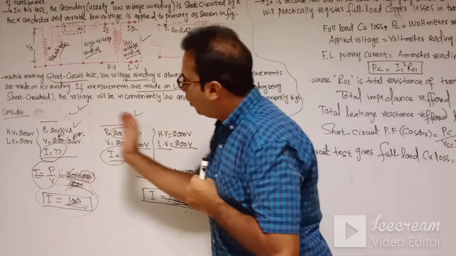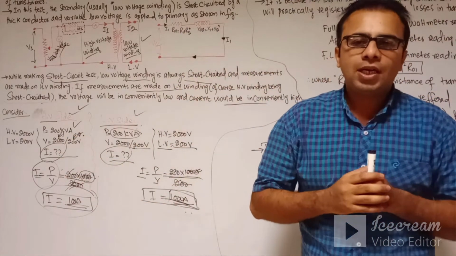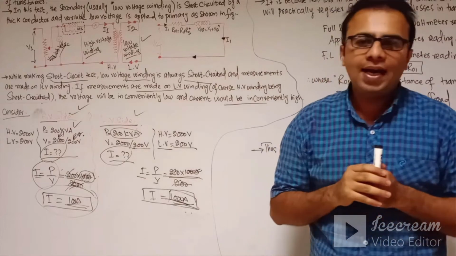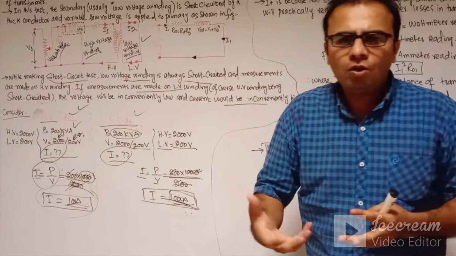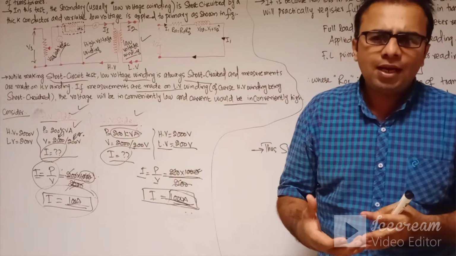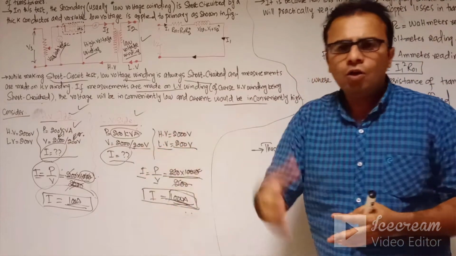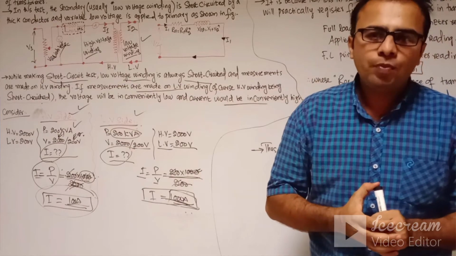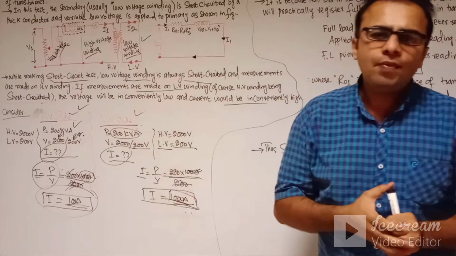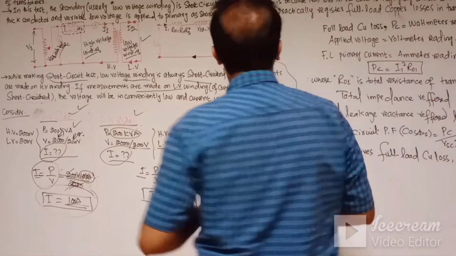So we have to take all the measurements on the HV side, because the current of 100 ampere is very low, and that can be easily measured by the instruments connected with the HV winding of the transformer.